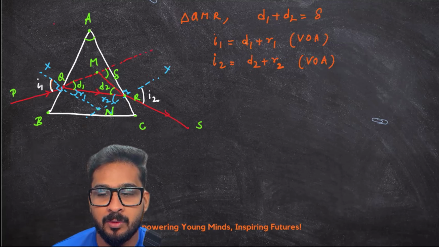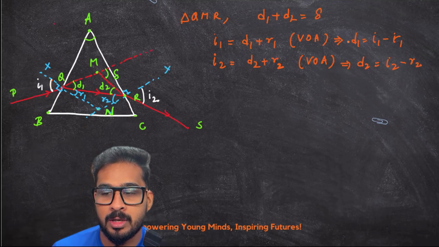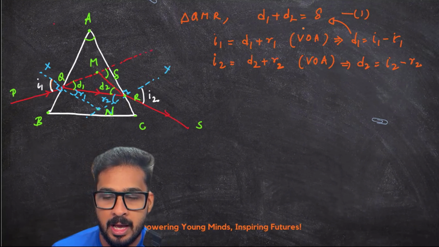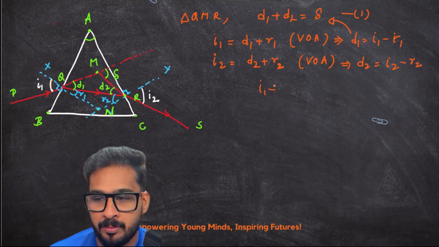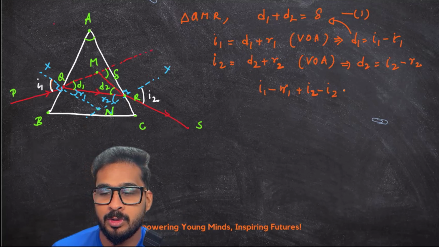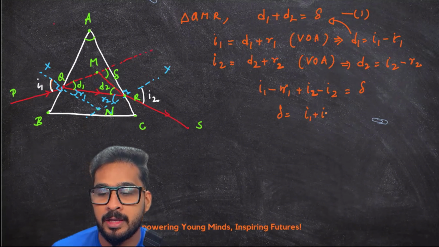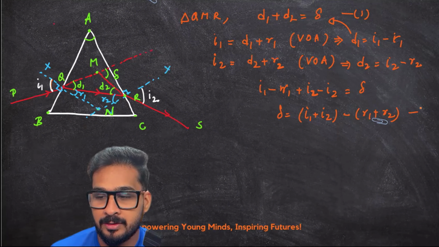Substituting the value of D1 from here, D1 equals I1 minus R1, and here D2 is equal to I2 minus R2. Substituting the values of D1 and D2 in the first equation, I get I1 minus R1 plus I2 minus R2 is equal to delta. So delta is equal to I1 plus I2 minus (R1 plus R2). This is the second equation.